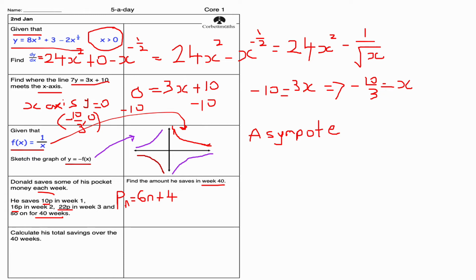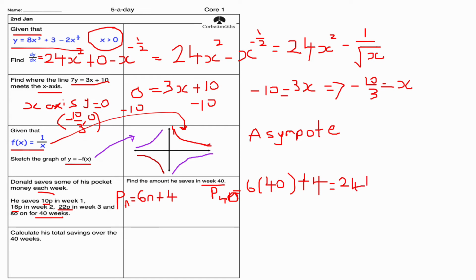Now, for week 40, I will just sub in n equals 40, so p of 40 would equal 6 lots of 40 plus 4. Well, 6 times 40 is 240, plus the 4 is 244. So my answer would be 244. So that's my last term.